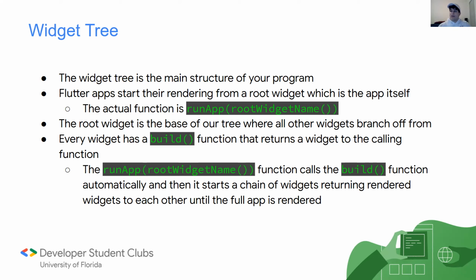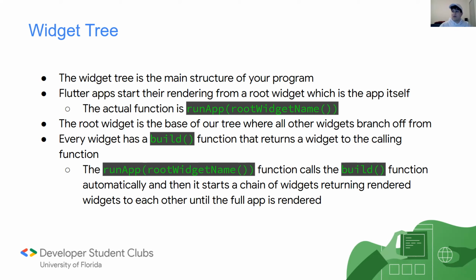So a Flutter app starts the rendering. This is just some code from the root widget, which is the app itself, like I said. And the actual function is runApp, which is in main.dart. So in main.dart, there's the main function, and that's where the Flutter app actually begins. It calls runApp, and then you pass it the name of your root widget. What that's going to do is inherently call build, which is just going to return a widget to the calling function.